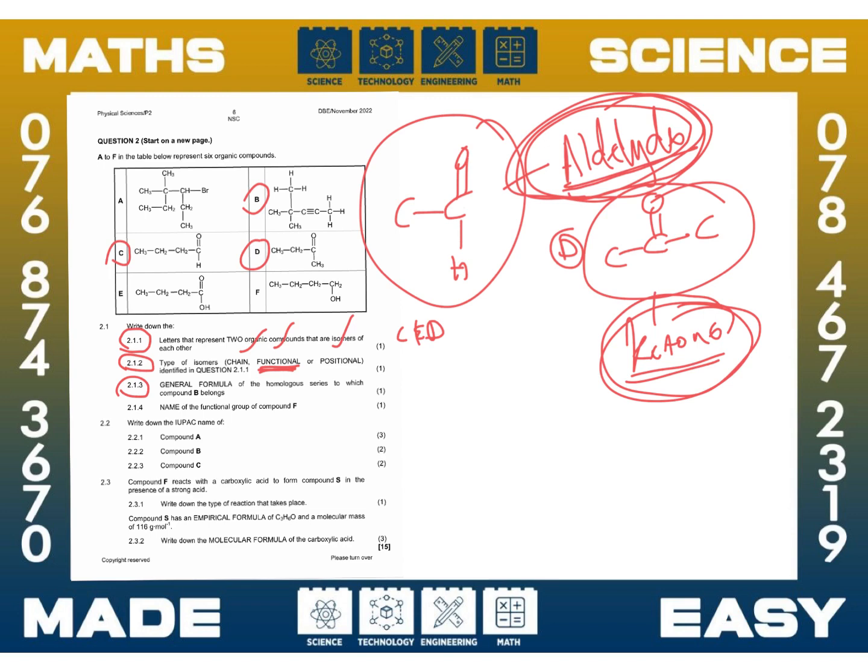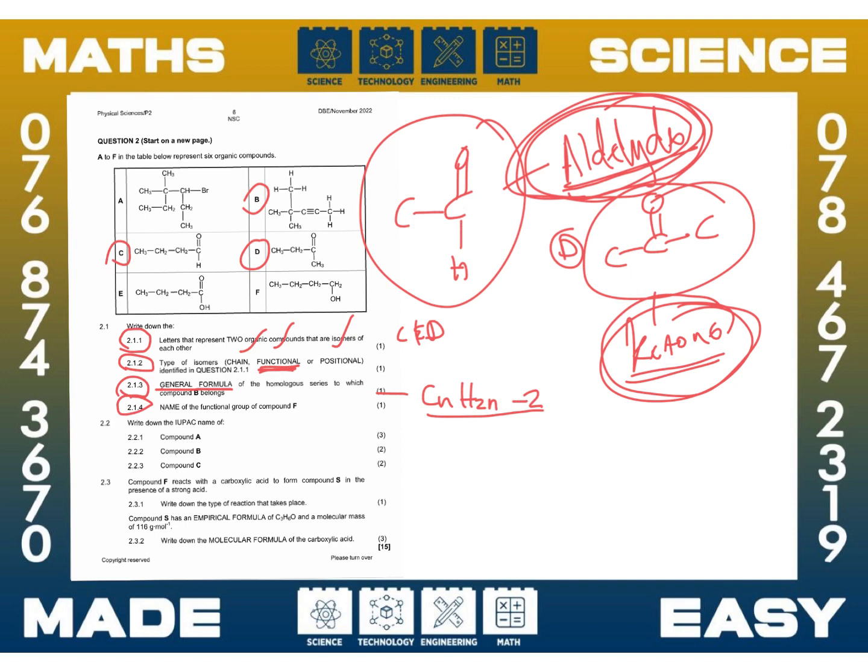So we know that for the alkynes, the general formula, because they've said the general formula, will be CnH2n-2. Okay. We quickly move to 2.1.4.